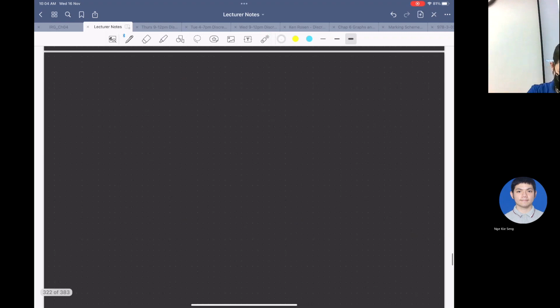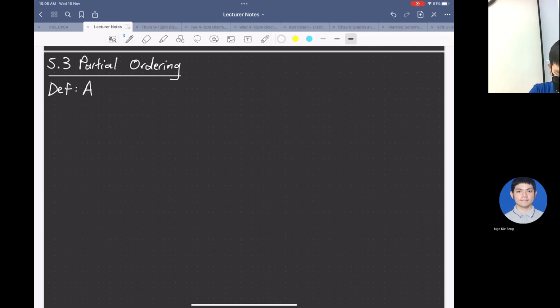Okay, the next part is about partial ordering. In the previous part we talked about symmetric, transitive, and reflexive relations. Now we focus on the relation that is anti-symmetric.